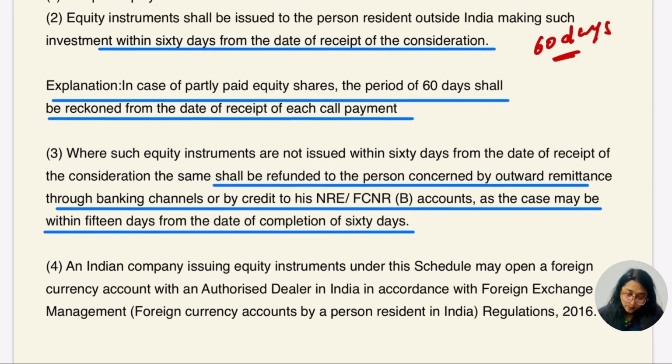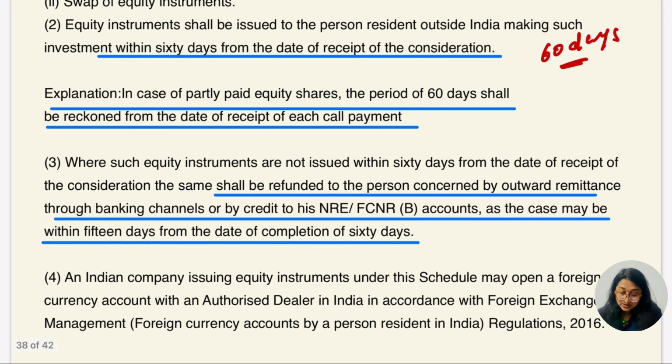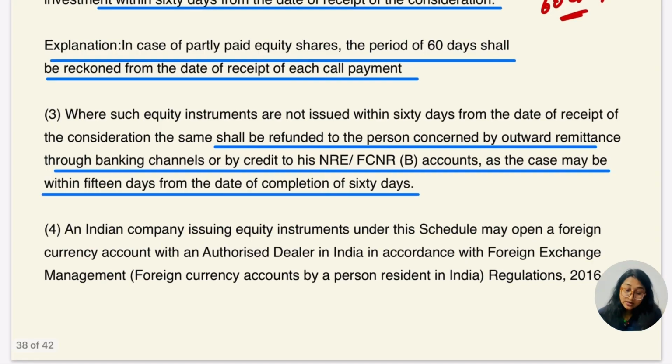Third point says where such equity instrument is not issued once the payment is done, once the investment is made by this person, the receipt of this consideration is to be done within the 60 days. What if they have not issued? There are other things to be followed where such equity instrument is not issued within the 60 days from the date of receipt of the consideration.